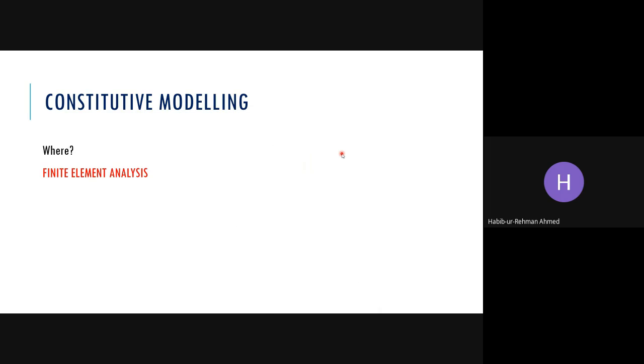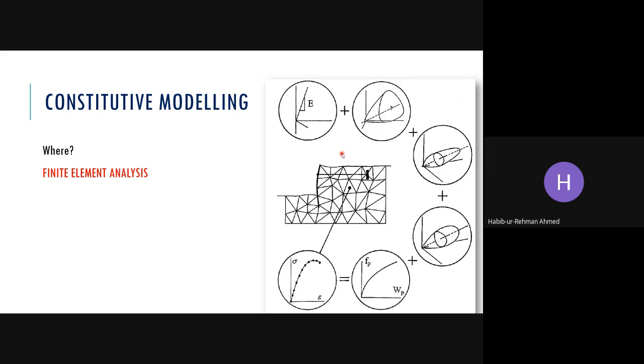Okay, so where do we use these? Now you can see here just a very schematic sketch showing that this is a finite element sketch, and we have one small finite element. What happens over here? We have a combination of the elastic model, one type of plastic model, other type of plastic model, and finally the boundary conditions, and we come up with this stress strain curve. Okay, so what is happening inside a real finite element analysis is much more complex than what usually we see.